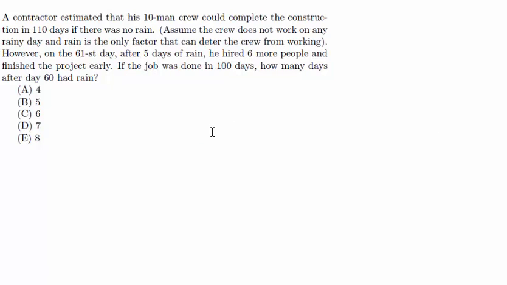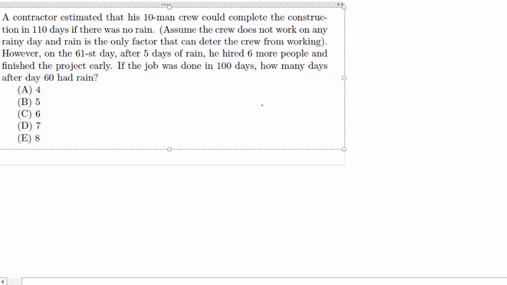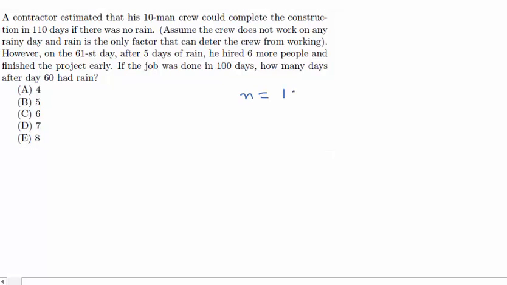Now, in this problem, what we have is a 10-man crew, so n is 10 initially at least, doing some construction work, which they are going to finish in 110 days if there is no rain. One thing which I should have told you, always take work as one because we are going to define certain ratios.